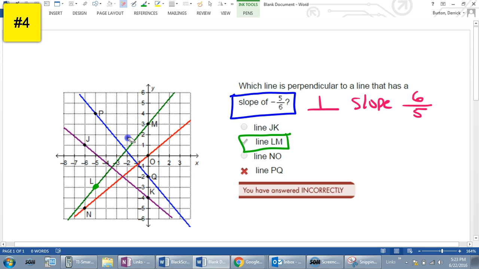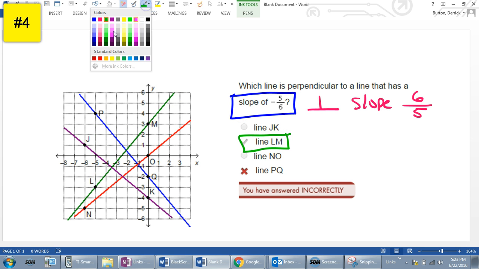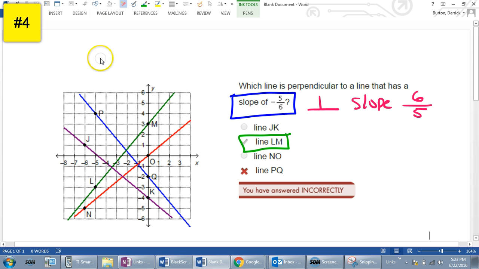But let's follow through and look at the other one. They have a nice dot for us here and here. Tracing that out, it's 1, 2, 3, 4, 5, and 1, 2, 3, 4, 5, 6. So that was 5 over 6, not 6 over 5. That's why that's a no. And of course, PQ and JK were no's immediately because they were negative.